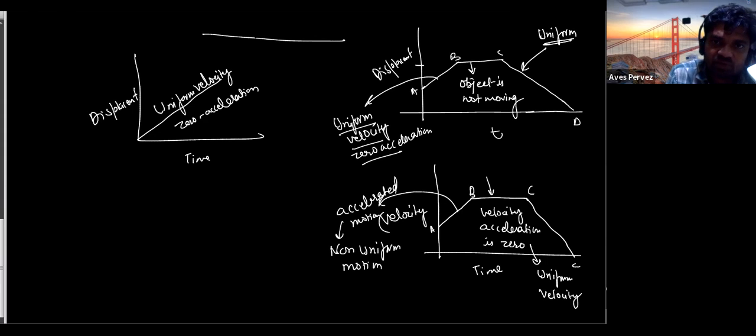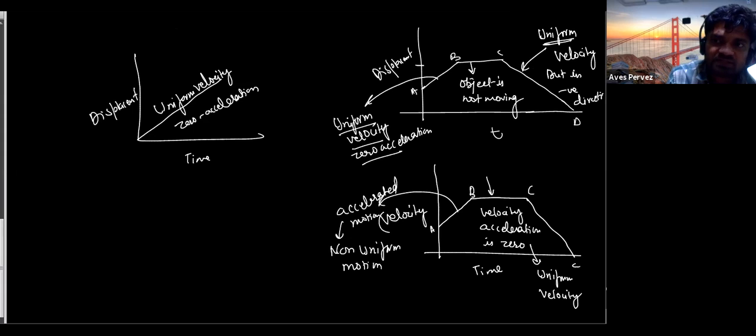If it came from A to B, then it is moving again from B to A. This indicates that it has uniform velocity, but in the negative direction.